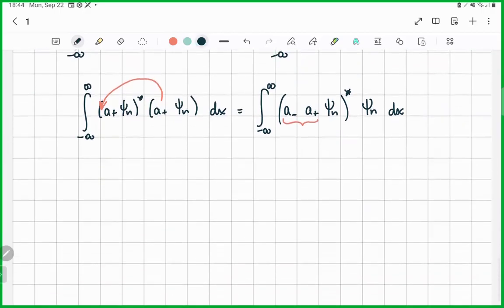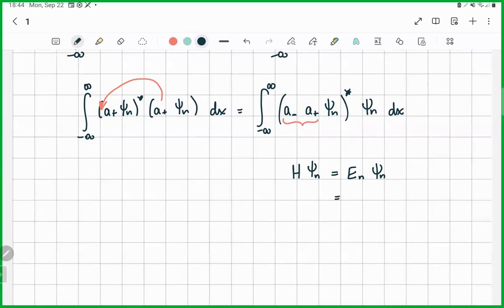We know that psi n is a solution of Schrödinger's equation, the time-independent equation. So we know that the Hamiltonian acting on this psi n is the energy of that state times psi n. Very good. What is this energy?